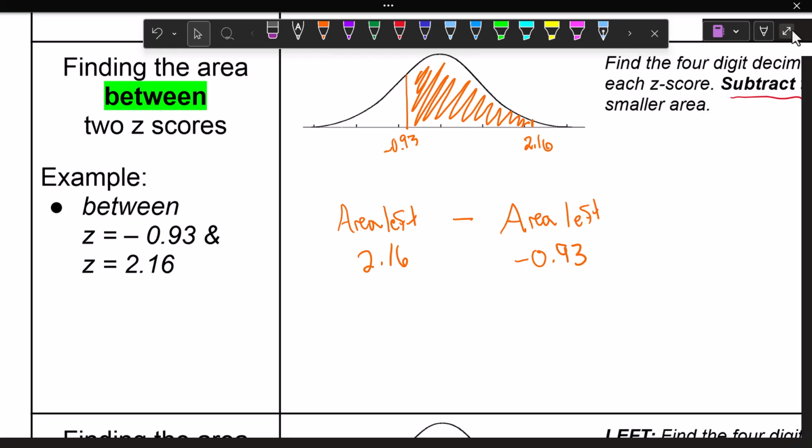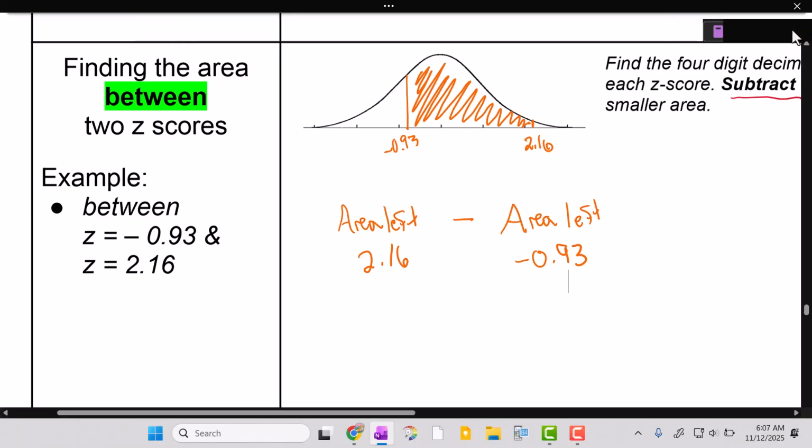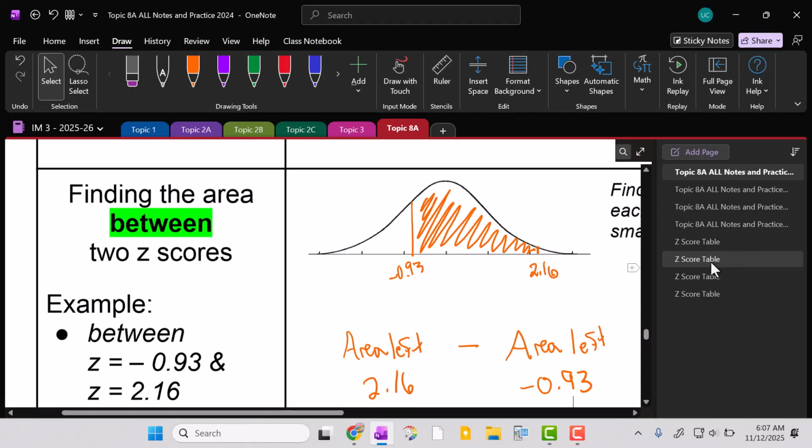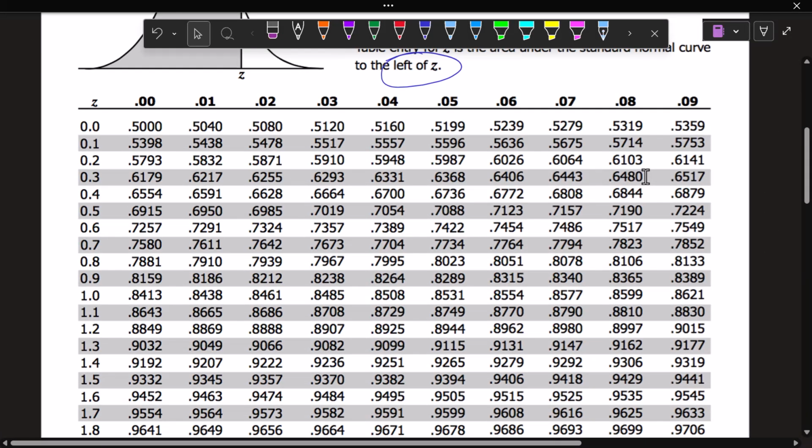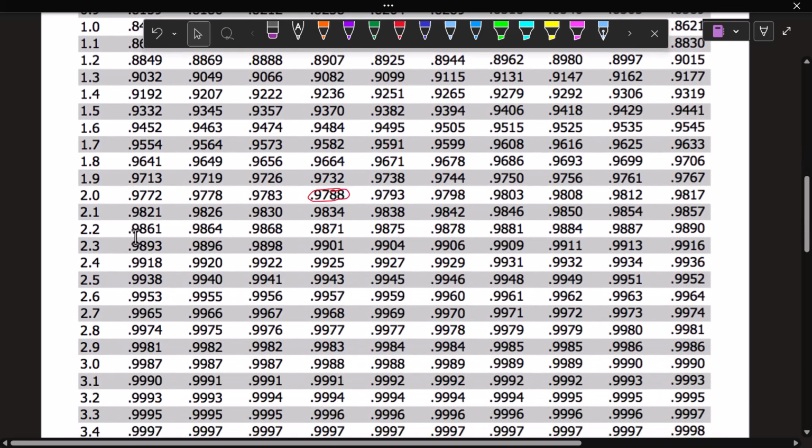So again, we look at our z-score table. First, we have 2.16. There's 2.1, 0.00, 0.01, 02, 03, 04, 05, 06. So it's 0.9846. So remember that.